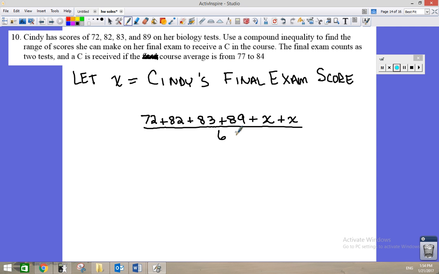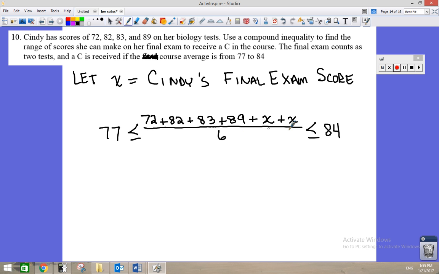This number is going to determine Cindy's grade in the class, and she wants to make sure that she scores well enough on this x that she comes out with a C. So she needs to be between 77 and 84. Let's assume that if she gets the 77, that's the lowest C that she can get, and if she gets an 84, that's the highest C. Lower than 77, you're going to get a grade worse than C, and bigger than 84, you're going to get a grade better than C.